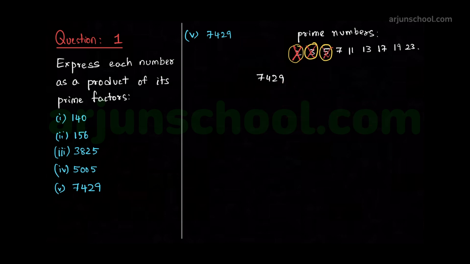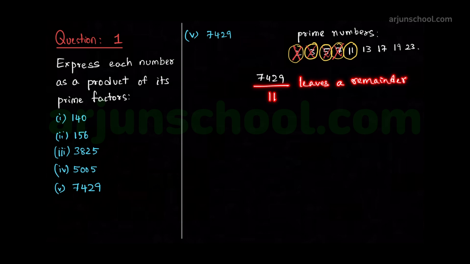Now we move to the next prime number 7. The value 7429 divided by 7 is not a whole number, which means it is leaving a remainder. So 7 is not a factor. Try the next prime 11. 7429 divided by 11 leaves a remainder.